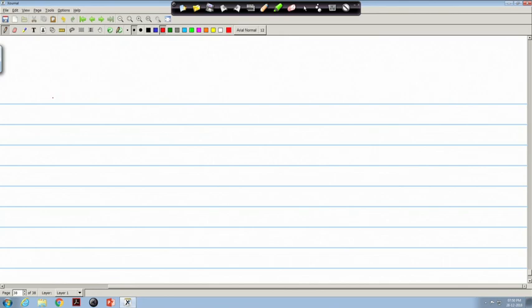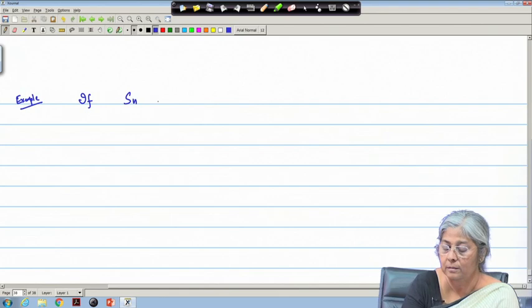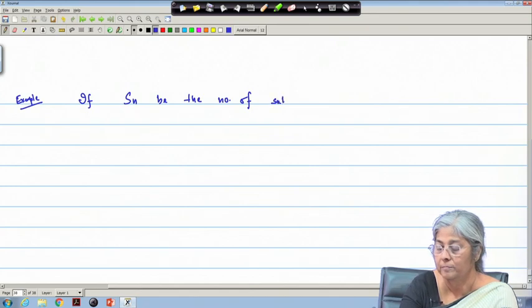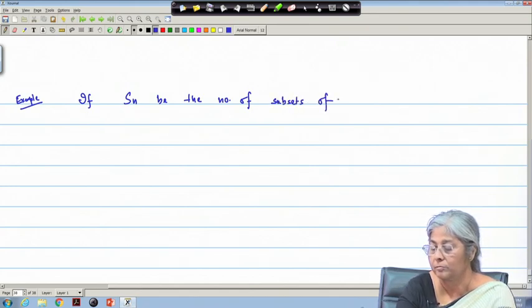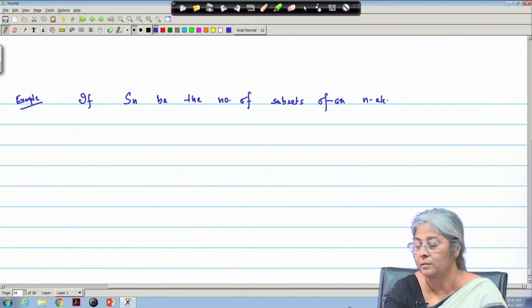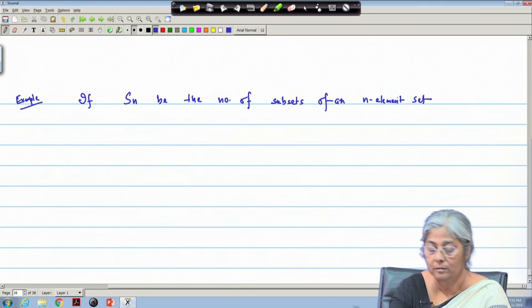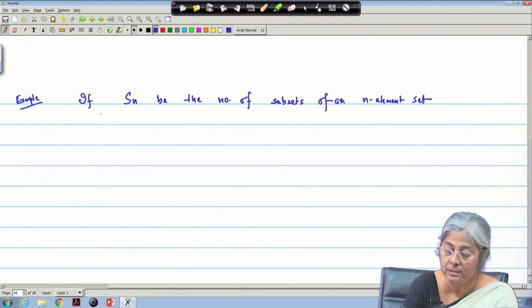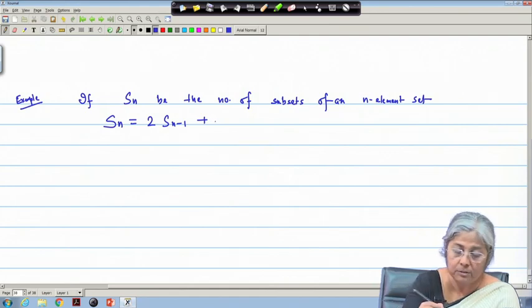If we remember the example that we have given, if S_n be the number of subsets of an n element set, then we have framed the recurrence relation like S_n equal to 2 S_{n-1}.